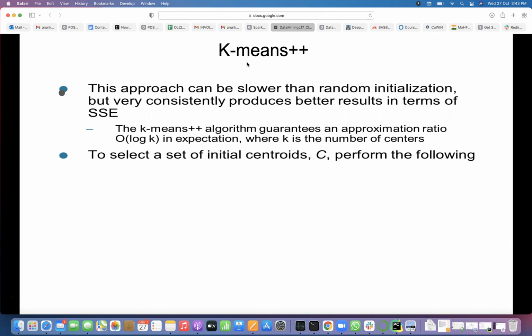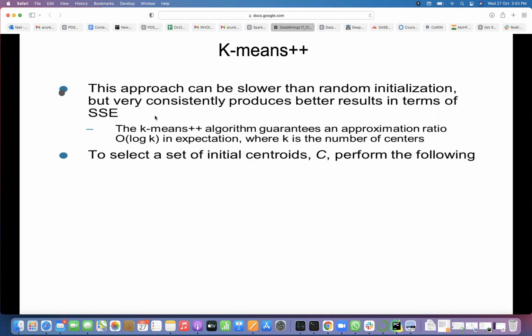So these are the most advanced techniques. You also have this technique in packages, k-means plus plus. This approach can be slower than random initialization, but very consistently produces better results in terms of SSE. So this is called k-means plus plus clustering. In k-means plus plus clustering, first you select a centroid, only one centroid.